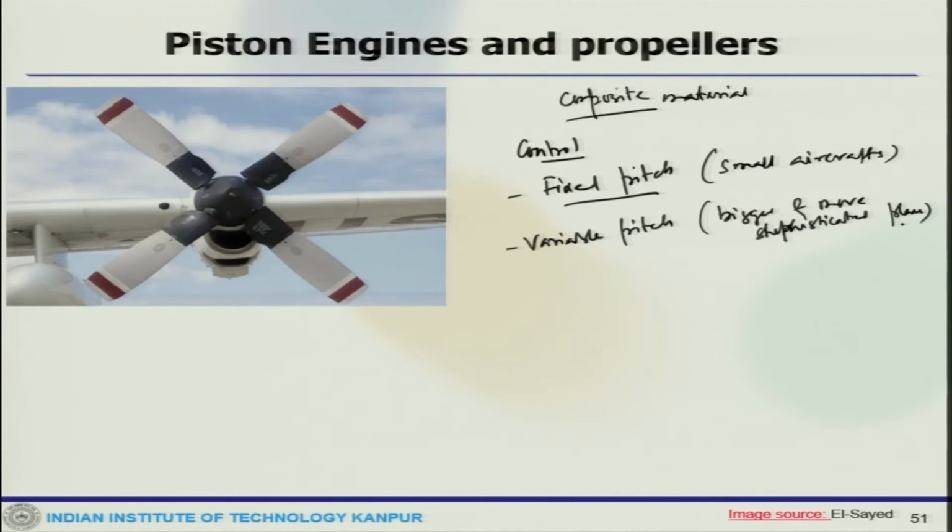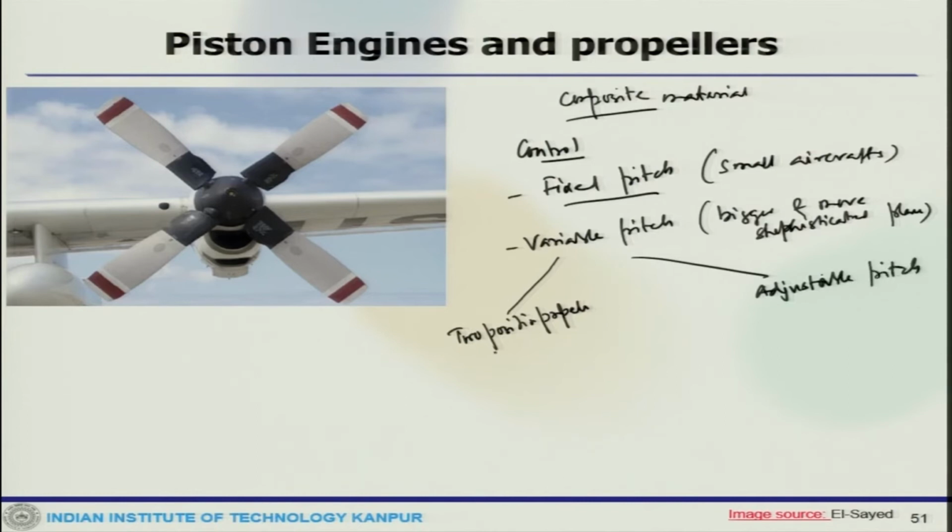That means the blades may be rotated about their long axis, and this could again be divided into two subcategories. One is the two position propeller, and another one is the adjustable pitch.